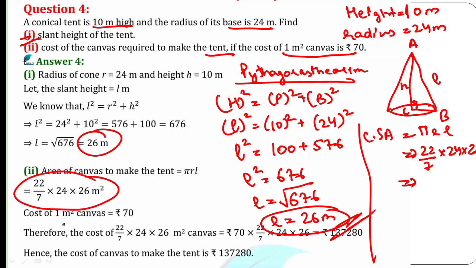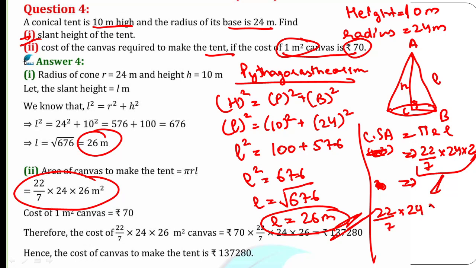But you have to find the cost of this total tent. So 1 meter square costs rupees 70. For the total area, you will multiply this term with 70.